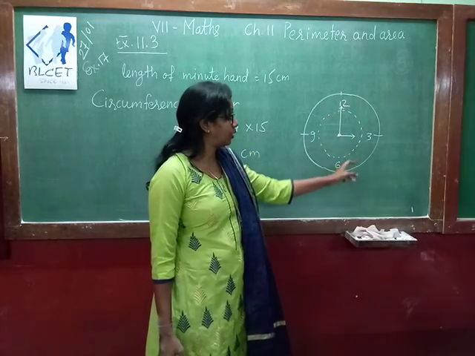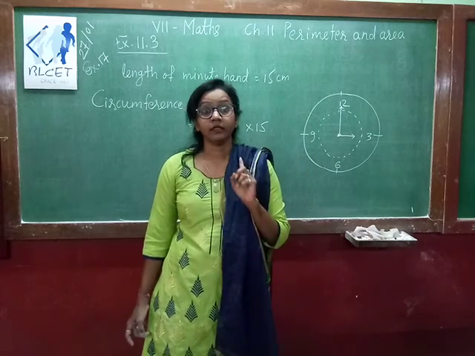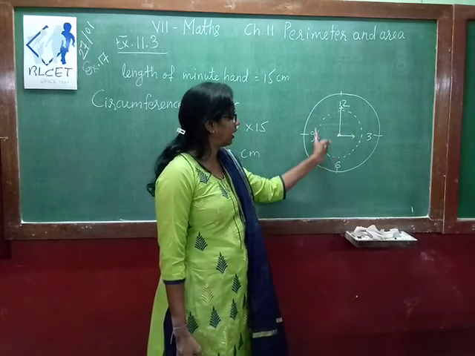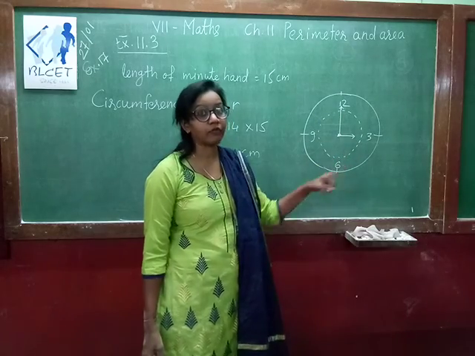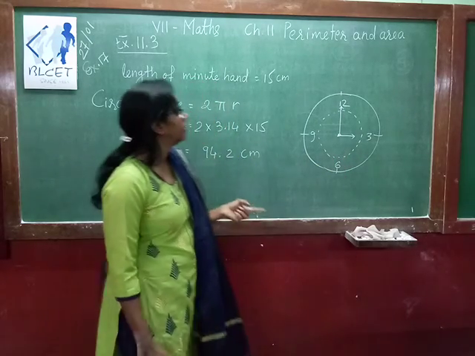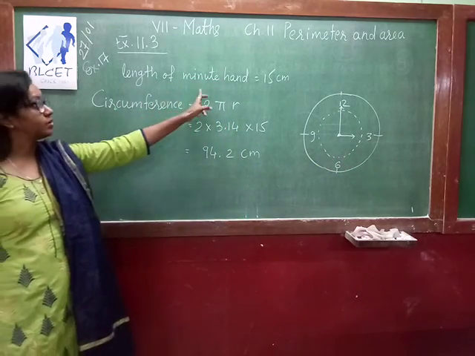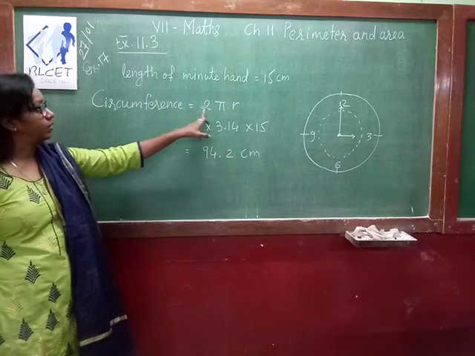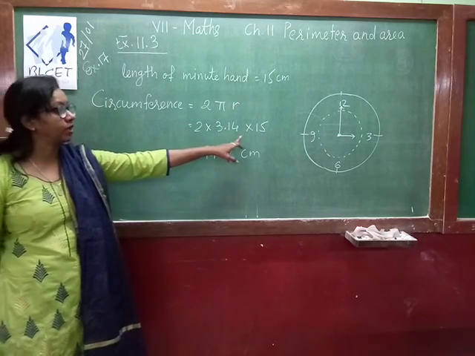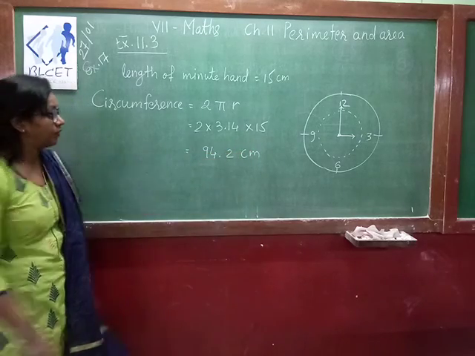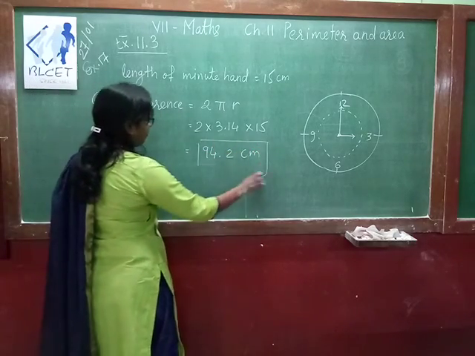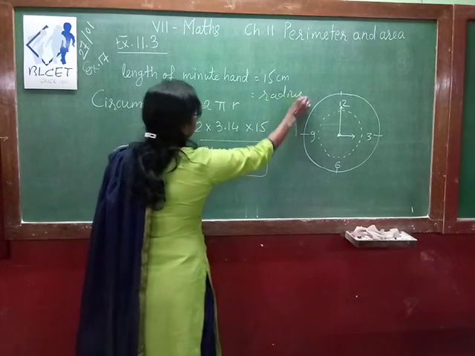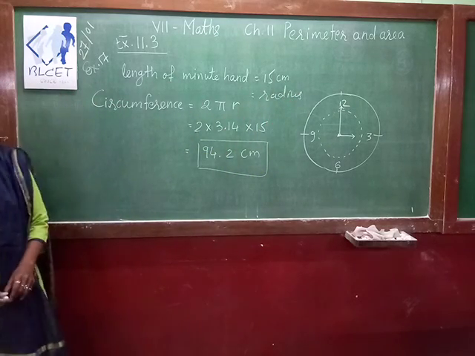It covers one total rotation in 1 hour, that is 60 minutes. So again it covers the circular path. So we have to find the circumference of that. So the length becomes the radius. So length is 15 cm, that is your radius. So circumference is equal to 2 pi r. So 2 into 3.14 into 15. When you solve this, you will get the answer 94.2 cm. So this way we can solve question number 17.